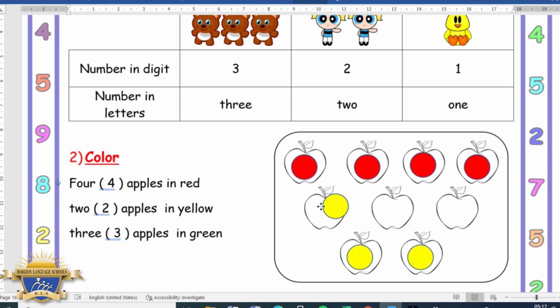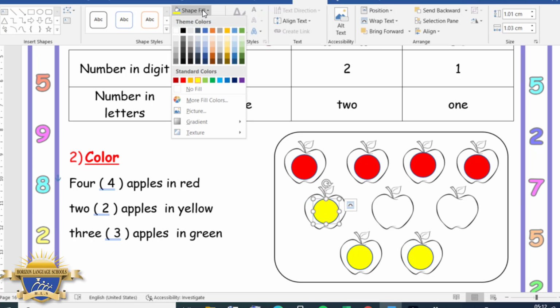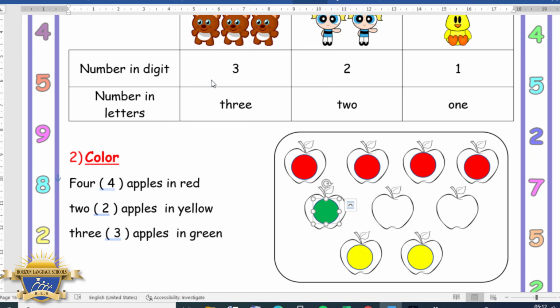So I will make 3 apples in green. One, 2, 3. Now we have 4 apples in red, 3 apples in green, and 2 apples in yellow.